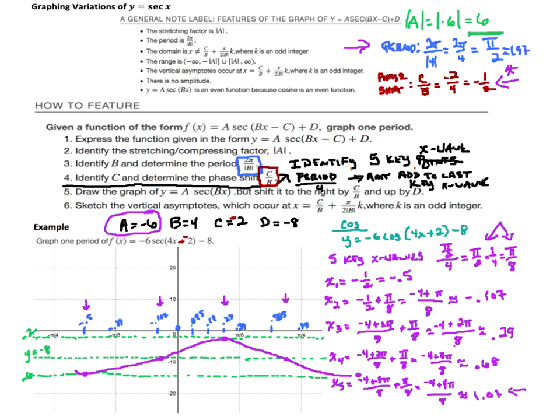Why in the heck did I spend so much time doing that? Because we know where the cosine in its parent form crosses the x-axis, which in this case is y equals -8. That's my midline. So where my cosine crosses my midline is where I'm going to have asymptotes for my secant. So I have an asymptote going through -0.107, and I have an asymptote going through 0.68.